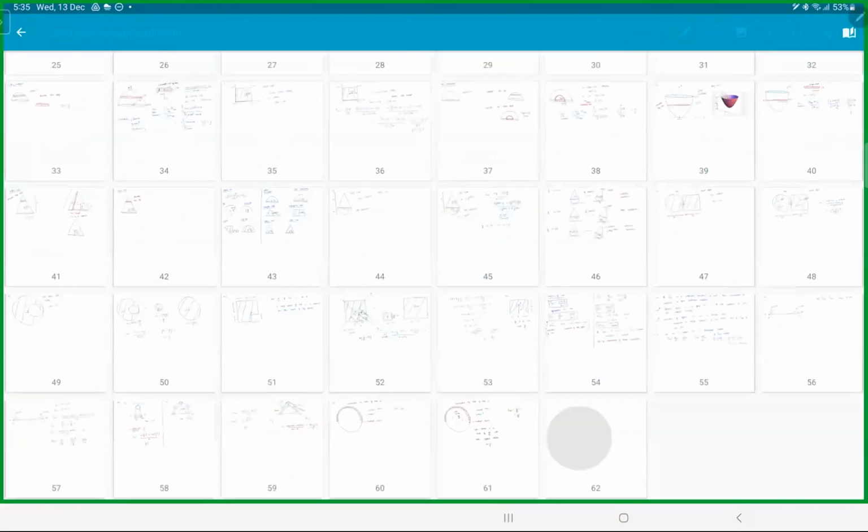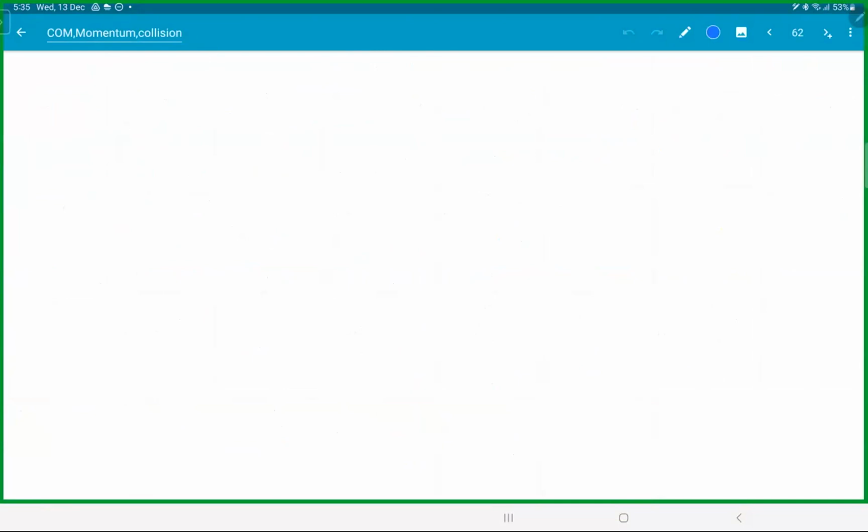Perfect. Next thing. Potential energy of center of mass.